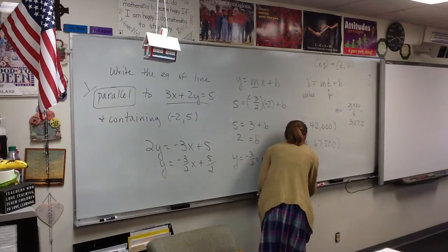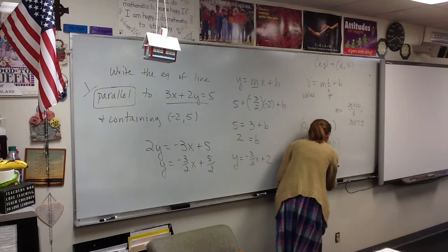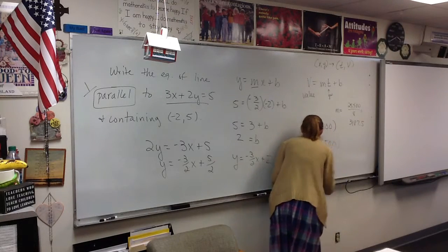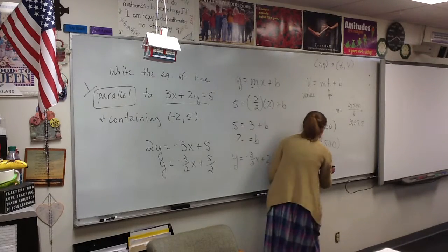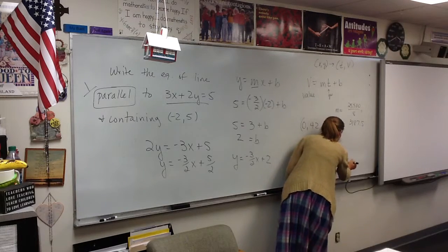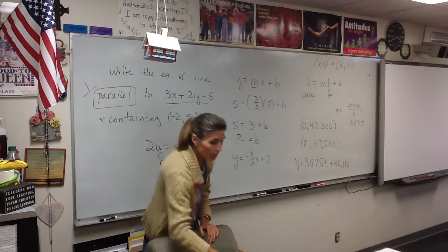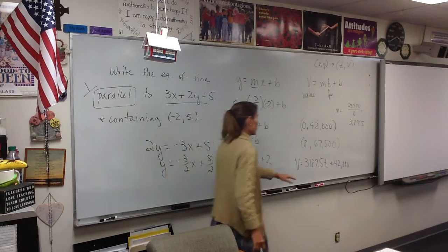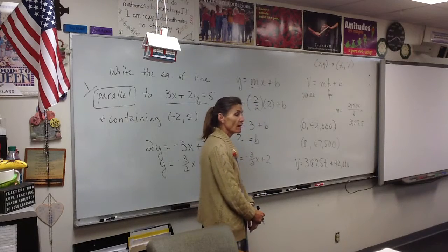So my equation is V equals 3187.5 T plus 42,000. How in the world did I know the y-intercept was 42,000? I didn't work it all out. How did I know that was 42,000, Trevor?